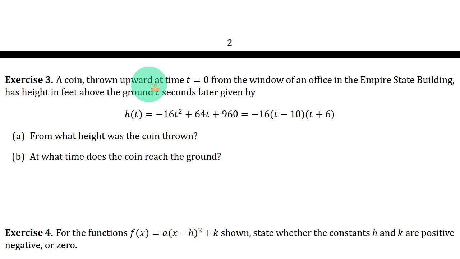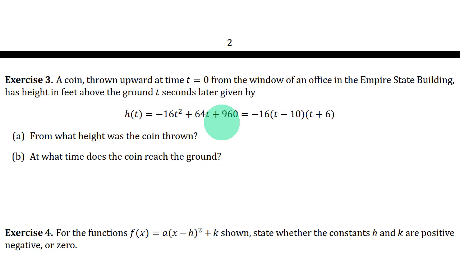We've got a coin thrown upward at time t equals 0 seconds from the window of an office in the Empire State Building. This coin has height in feet above the ground t seconds later, given by this function. So you plug in a number of seconds after the coin was thrown and into this, and the result of working out this should give you the height.